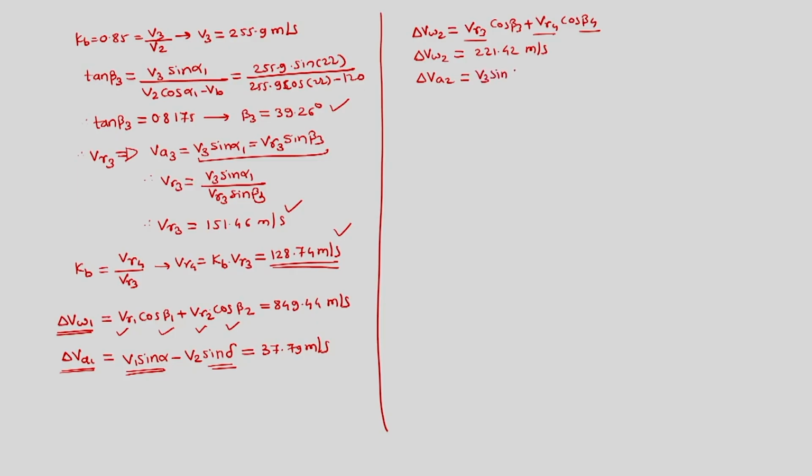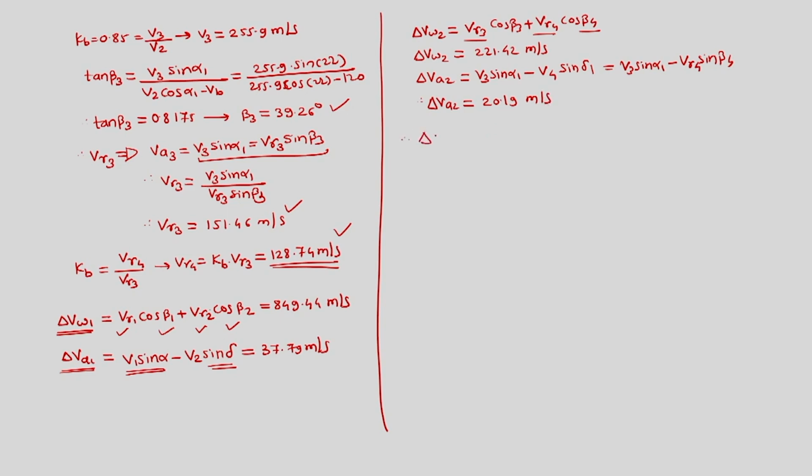Similarly, delta VA2 is equal to V3 sin alpha 1 minus V4 sin delta 1, but this is also equal to V3 sin alpha 1 minus VR4 sin beta 4, since beta 4 is given to us. So delta VA2 is equal to 20.19 meters per second.